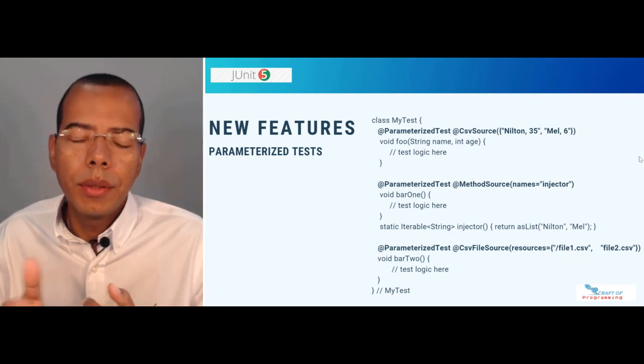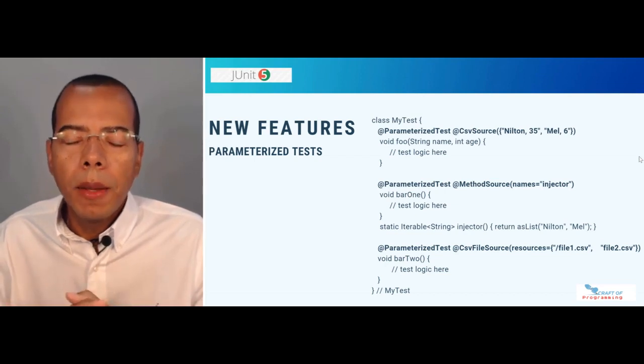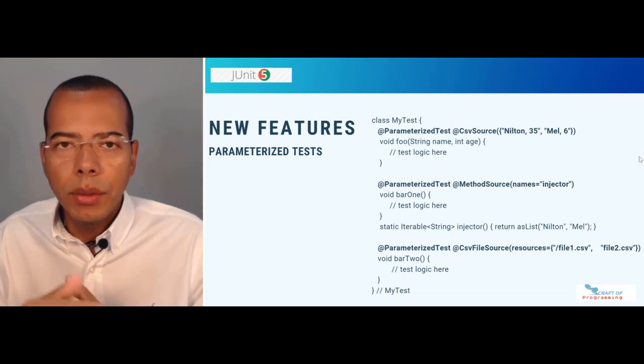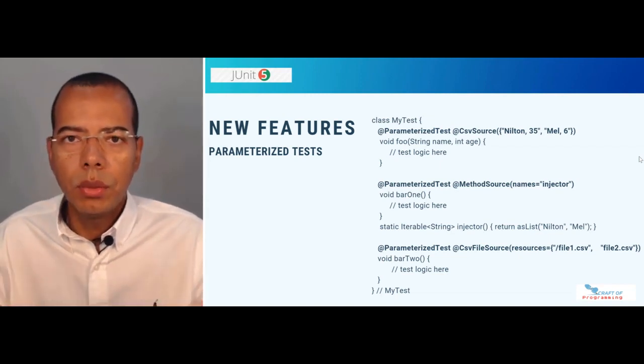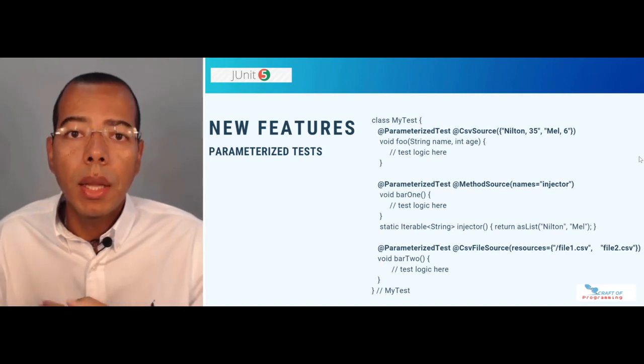The other difference is that parameterized tests in JUnit 4 were a special type of runner. That meant you couldn't, for example, use parameterized tests with categories, because they were two different runners, and you could only have one runner per class.